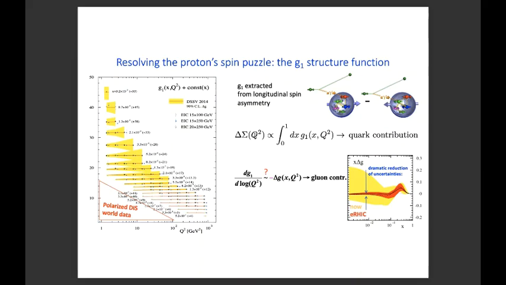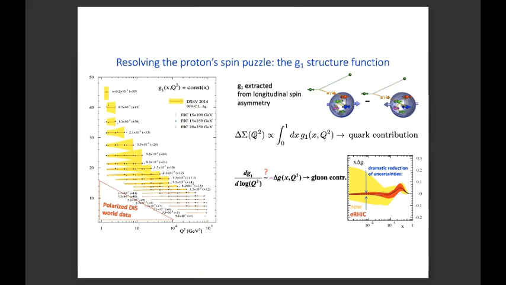And you look at the asymmetry in the cross section for the scattering between the polarization of the proton in one direction and the other, relative to that of the polarized photon. And so this asymmetry is proportional to something called the g1 structure function. That's a polarized structure function, in analogy to the unpolarized structure functions.